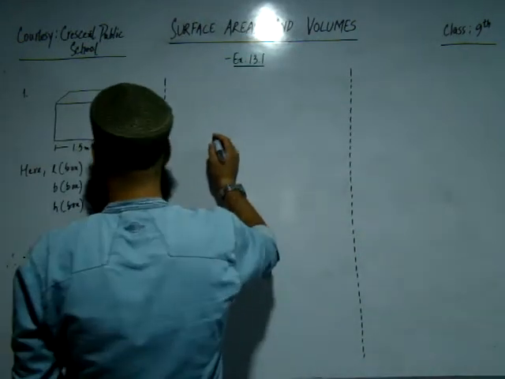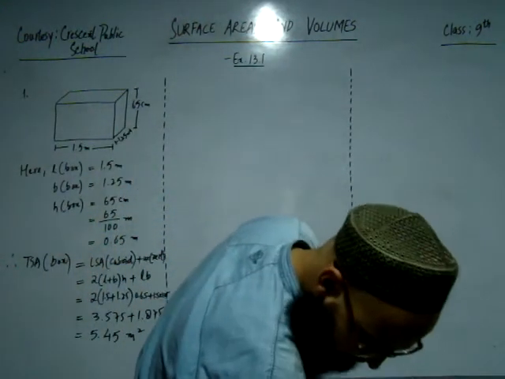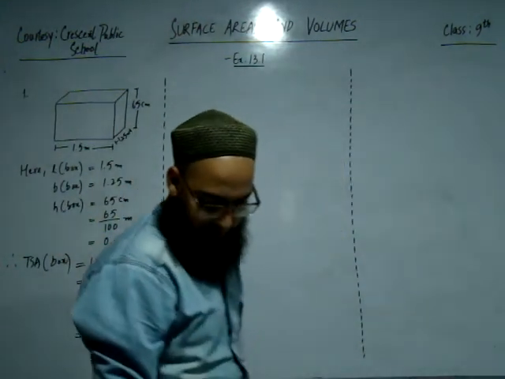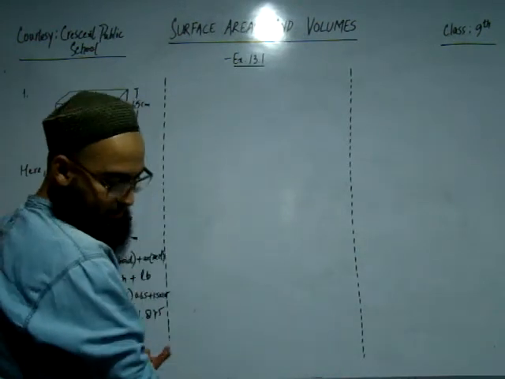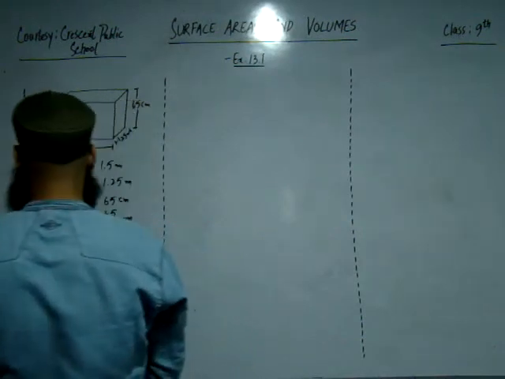Now after that, this was our first part. Now second part says the cost of sheet for it. If sheet measuring 1 square meter costs rupees 20.